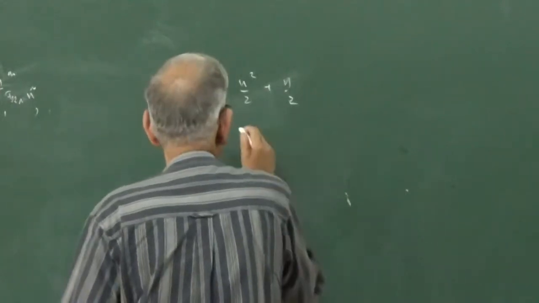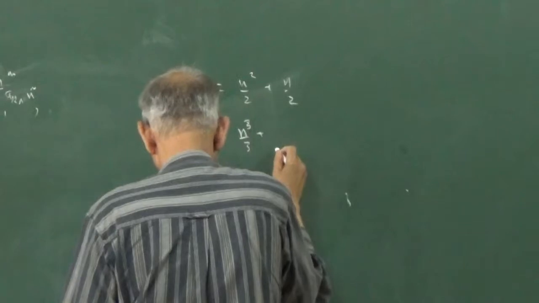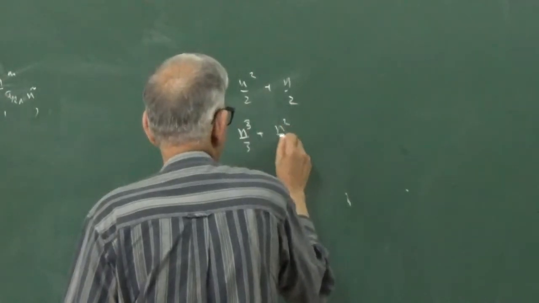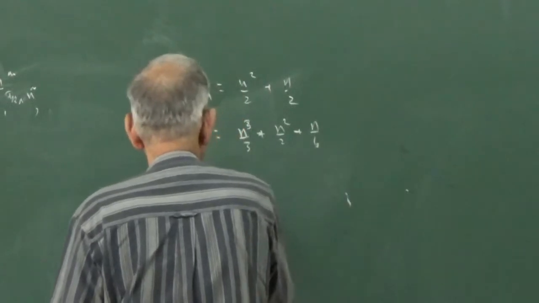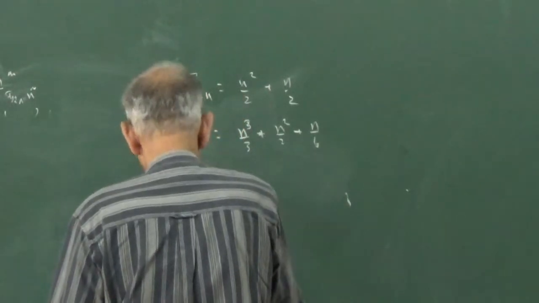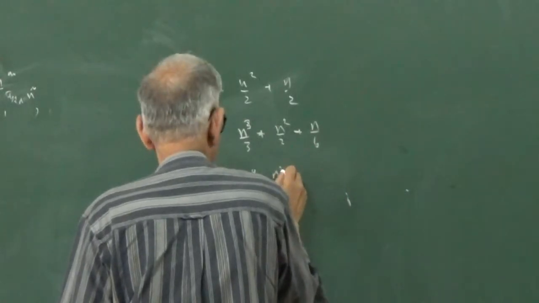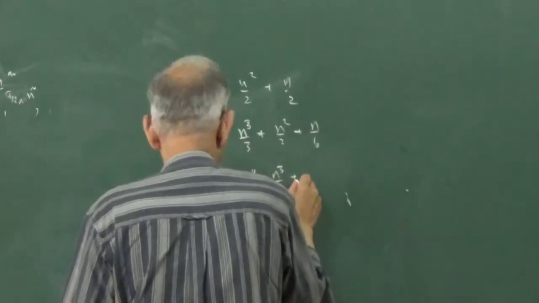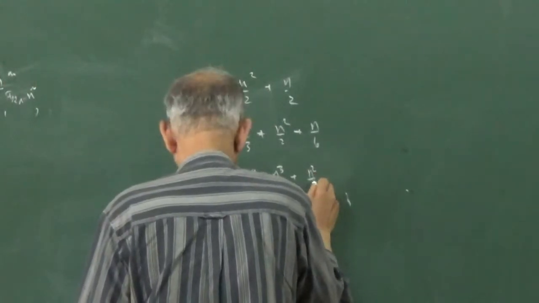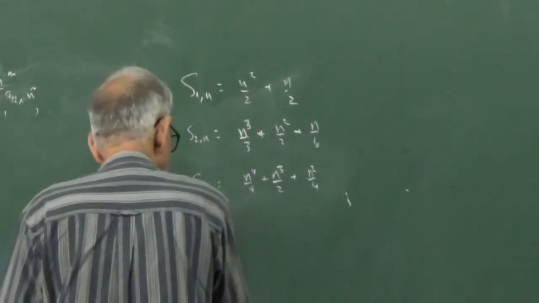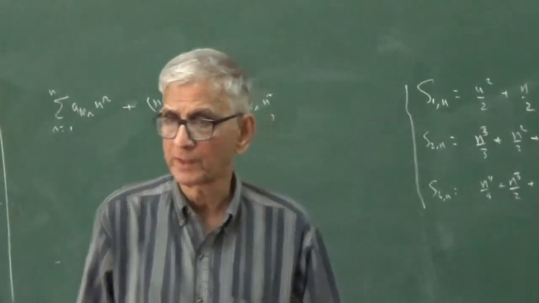If you simplify this, it will be n cubed by 3 plus n squared by 2 plus n by 6. S_n^3 is equal to n to the power 4 by 4 plus n cubed by 2 plus n squared by 4. This is all well known to us from our high school days.